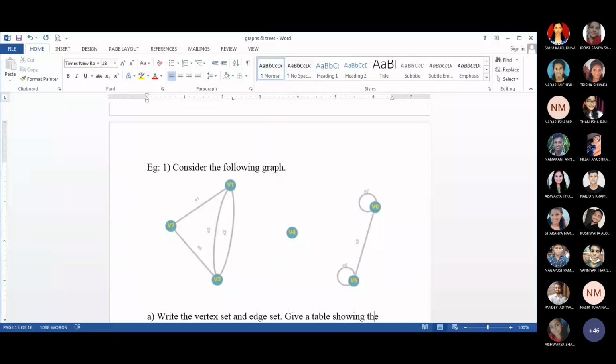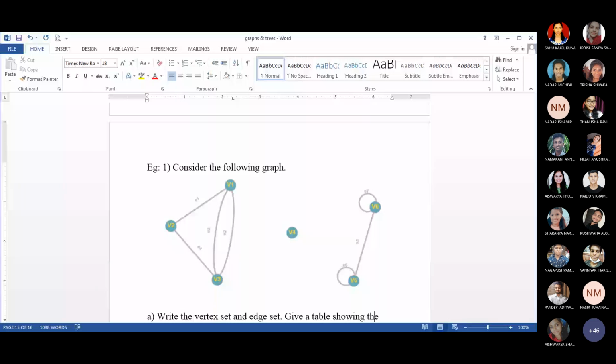ठीक है. Capital V में we will be having 6 elements: V1, V2, V3, V4, V5 and V6. Capital E, the set of edges. Set of edges में I will have 7 edges, starting from E1 से E7 तक.